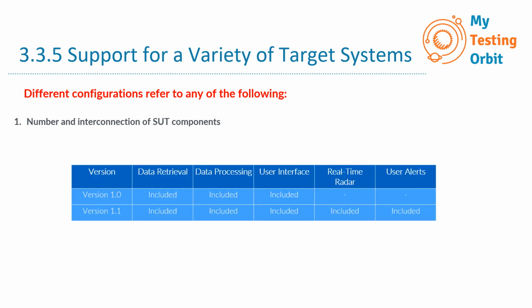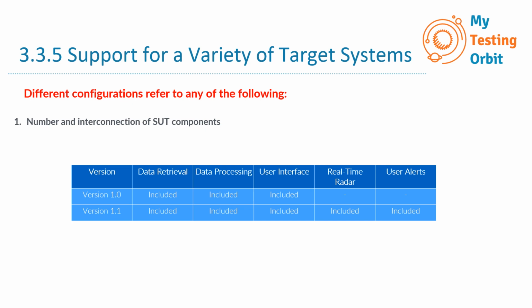Okay, so going back to our weather forecast example, let's say that one version of the application, version 1.0, is designed to have a basic structure with essential components, which are data retrieval, data processing, and user interface.